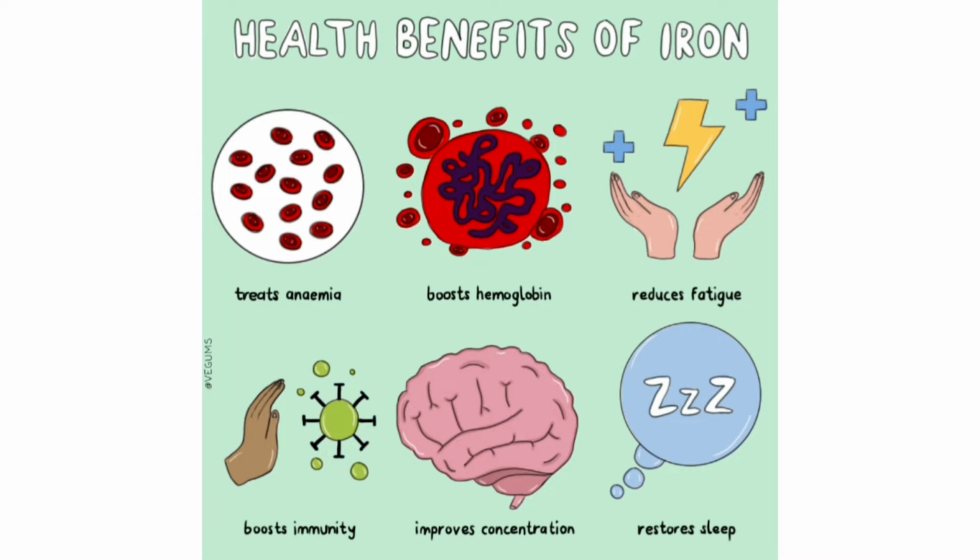The first function is the transport of gases. Iron is a very good transporter of the gases, oxygen and carbon dioxide. Iron in the form of the metalloproteins, hemoglobin and myoglobin, can transport oxygen in our body. Oxygen is a respiratory gas that helps in the combustion or burning of food and releases energy. That is a function of oxygen in our body.